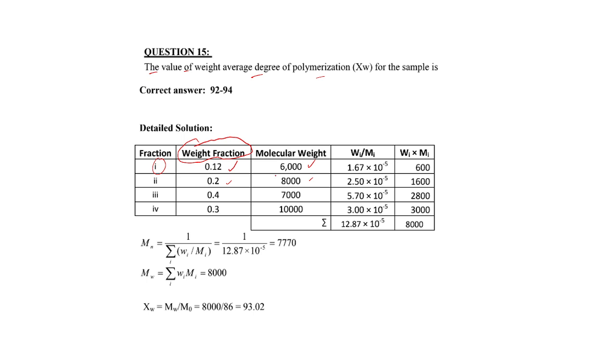From the weight fraction, we find the number average and weight average molecular weight. These are the formulas. You need to find wi upon mi, so divide wi, the weight fraction, by the molecular weight. So divide 0.12 by 6000 and you will find this value. Then multiply 0.12 into 6000. Just check it.